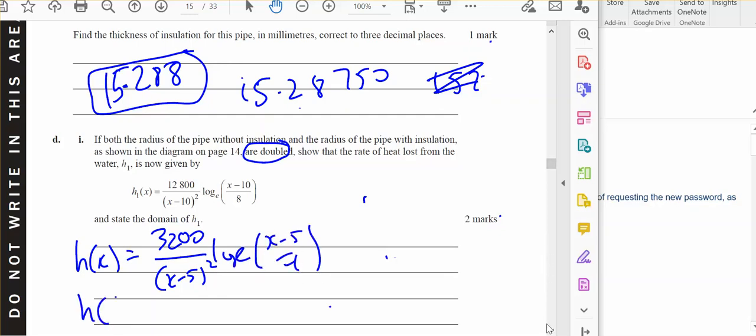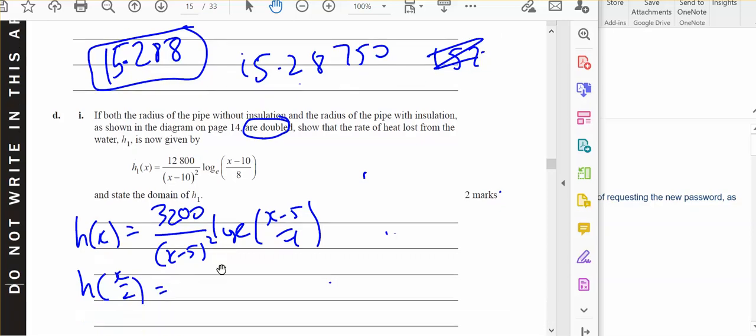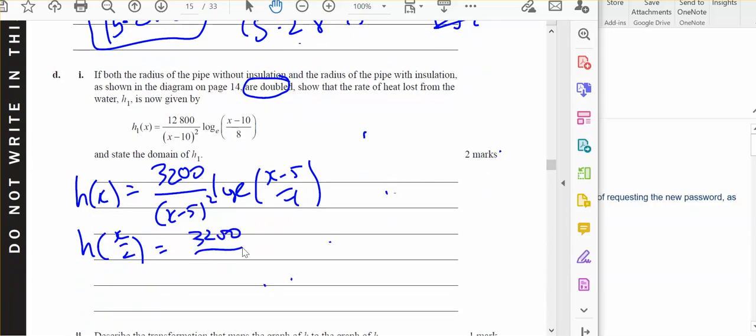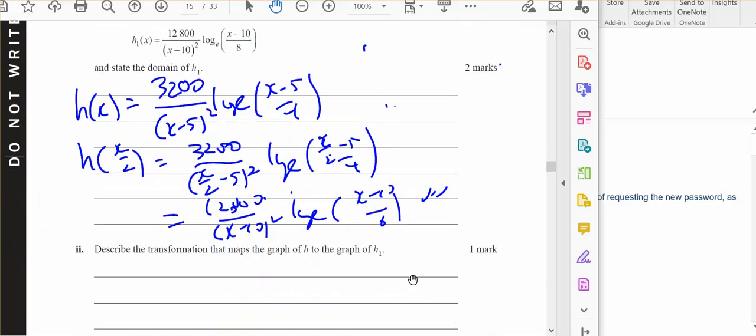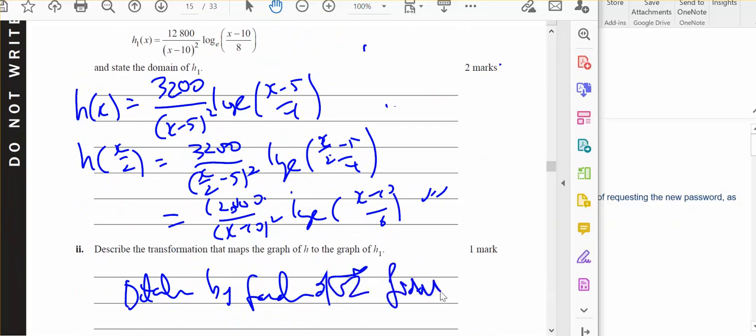Then I have h of x on 2, and that's going to equal 3200 over x on 2 minus 5 squared log by c of x on 2 minus 5 on 4, and that's going to give you that answer up there: 12800 on x minus 10 squared log by c of x minus 10 on 8. And describe the transformation: dilation by factor of 2 from the h-axis, or the vertical axis.